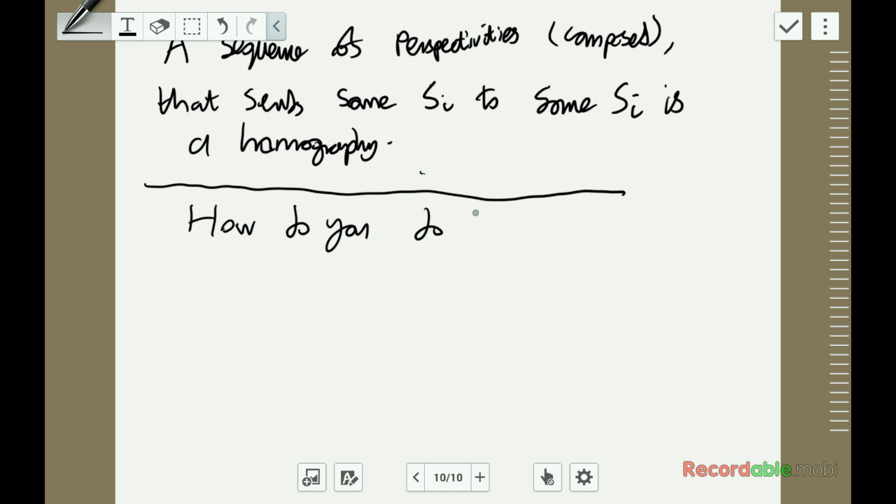How do you do a perspectivity from a cube, a 3D space, to a cube?